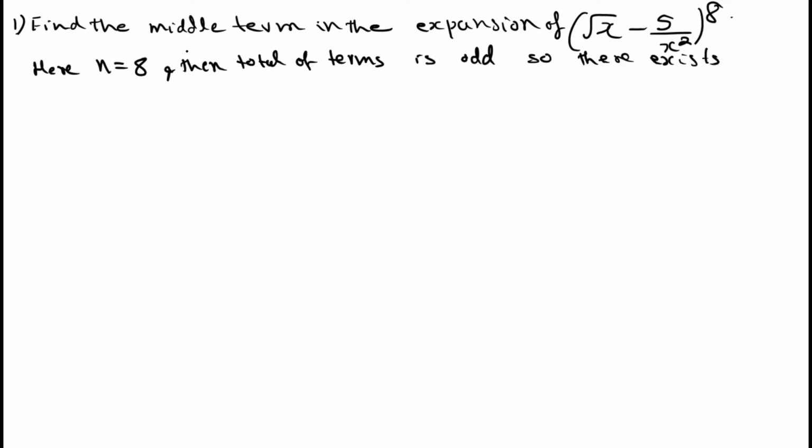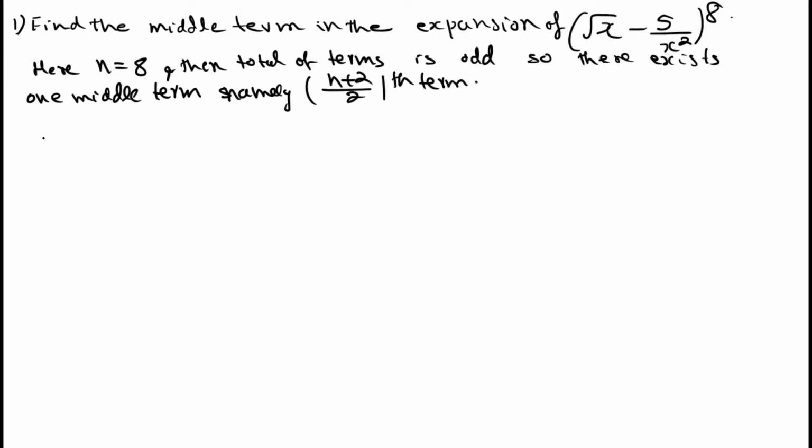If index is even, there exists one middle term, right? So there exists one middle term, namely the (n plus 2) divided by 2th term.